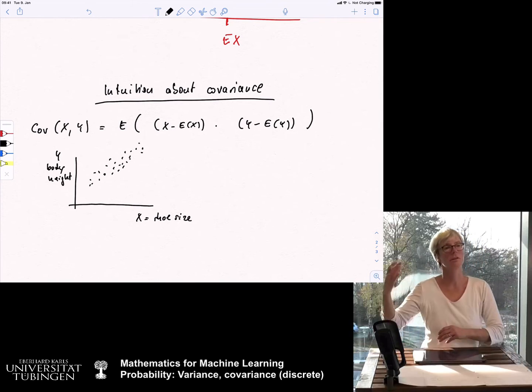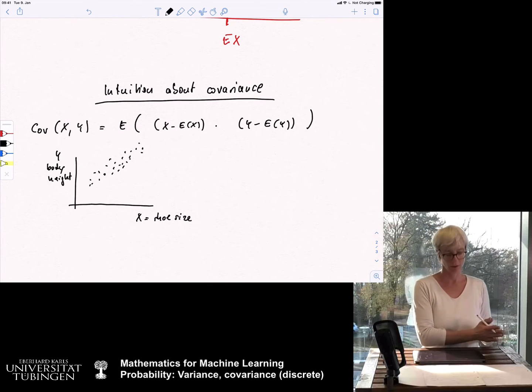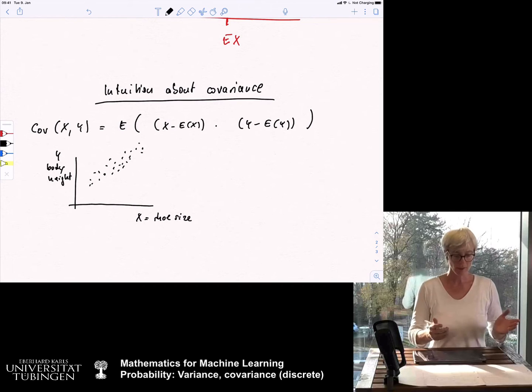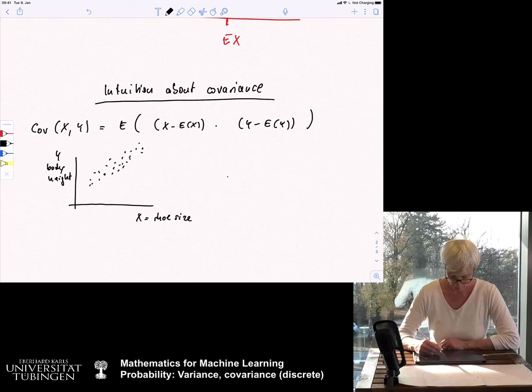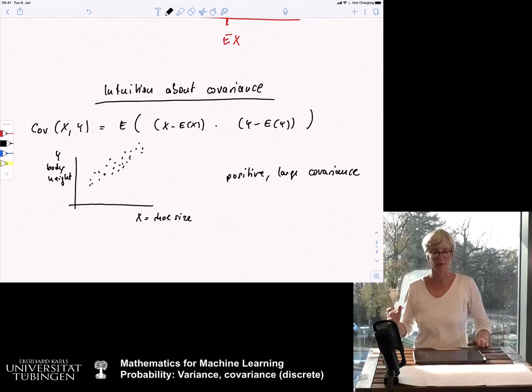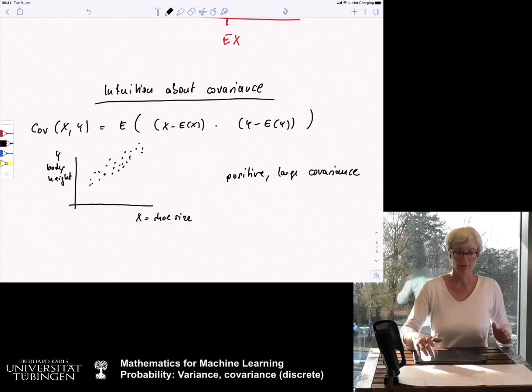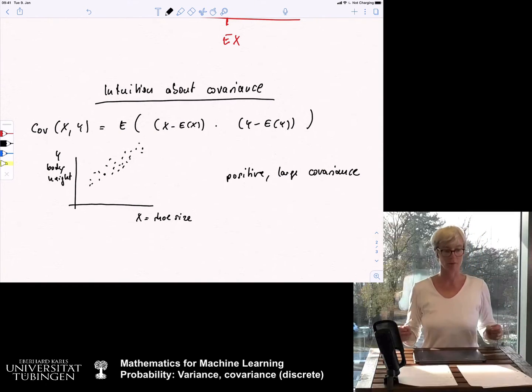So typically people who are tall also have large shoe sizes, people who are small have small shoe sizes. And this is the typical scenario where you would have a positive, large covariance. So intuitively, the covariance characterizes linear kinds of relationships between random variables.